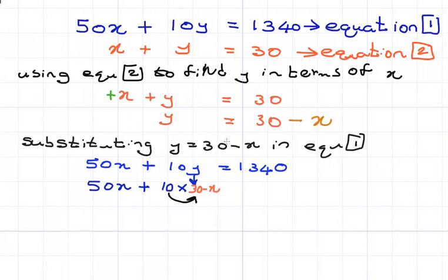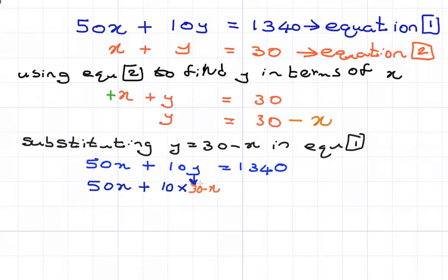But is that the requirement? No, right? The entire y is getting multiplied by 10. So what's y? Is it 30? No, no. What's y? 30 minus x. So the entire 30 minus x has to get multiplied by 10.